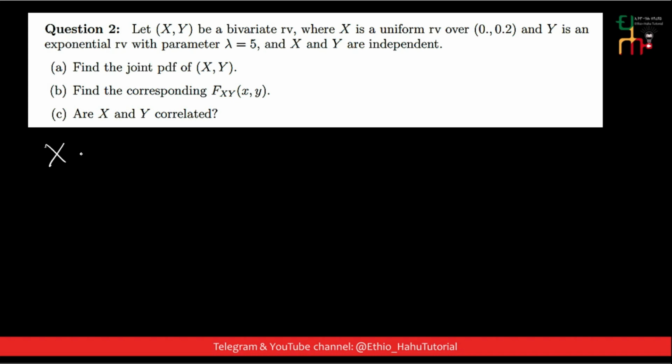ስለዚህ x ምንድነው? x is uniform random variable, uniform of 0, 0.2። ዩኒፎርም ነው ማለት ምን ማለት ነው?